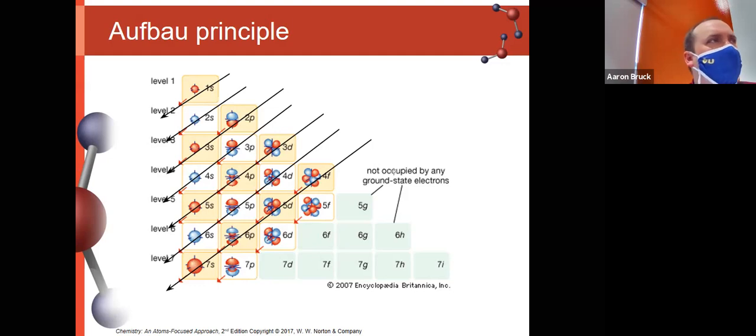You got to draw this pyramid every single time you want to do an electron configuration. And the other problem with it is, well, it doesn't take too much into consideration as far as exceptions are concerned. You still got a lot of memorization to do. So we don't tend to use this one very much in my class because, well, frankly, there are better ways.